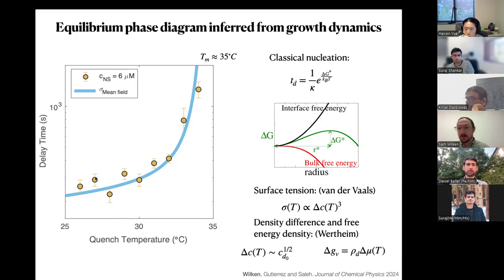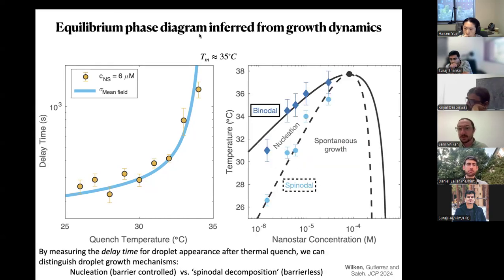But really what we care about is the temperature dependence. I'm sorry I don't have a backup slide here, but the uniqueness of the nanostar phase diagram is that the dense phase concentration is temperature independent for the most part. If I can go back to my phase diagram here.